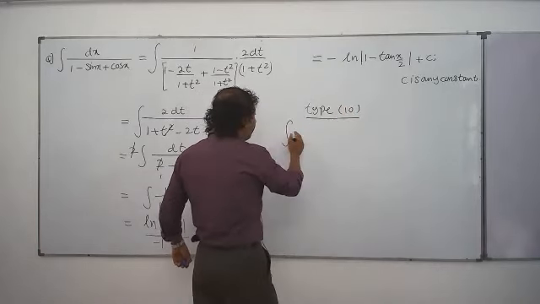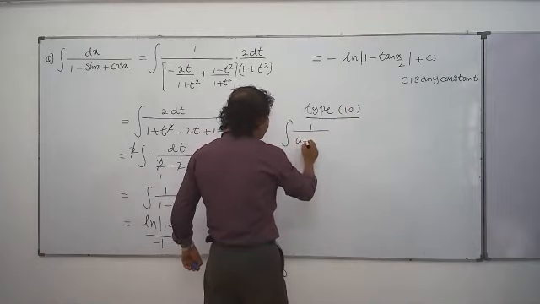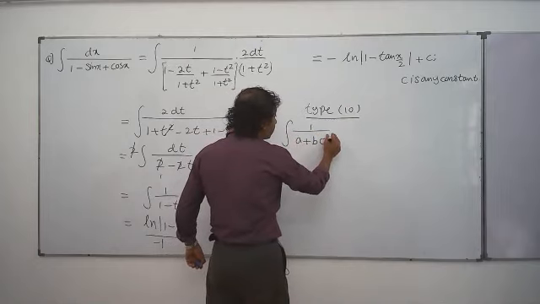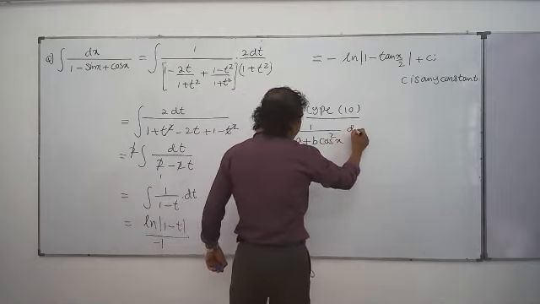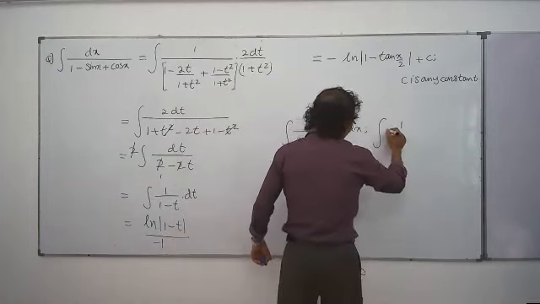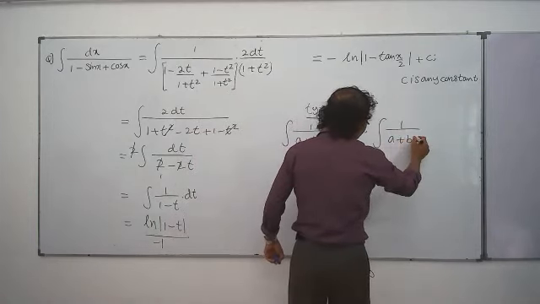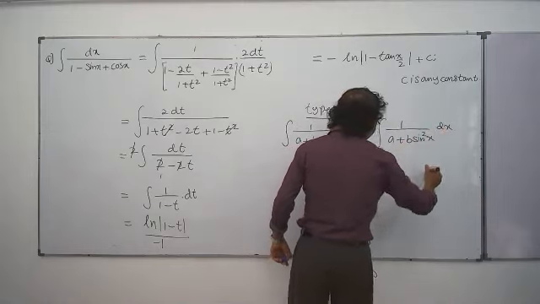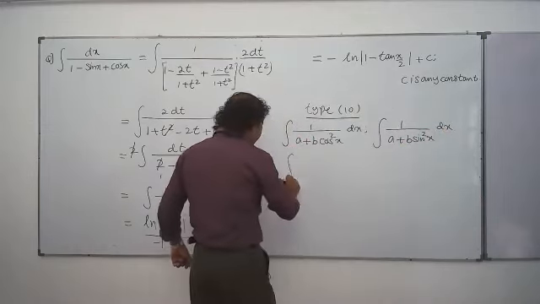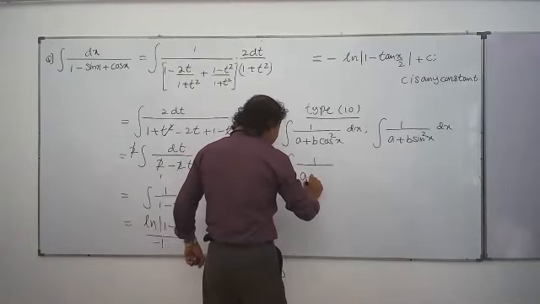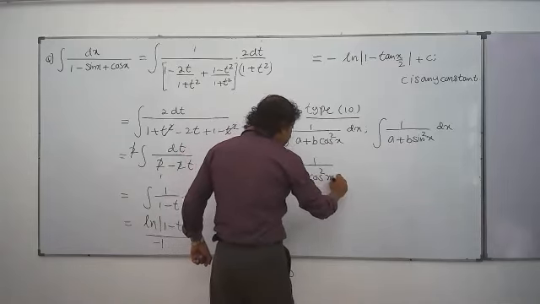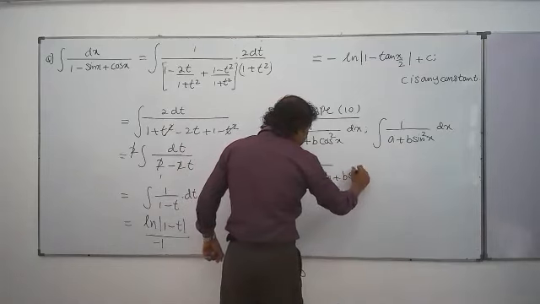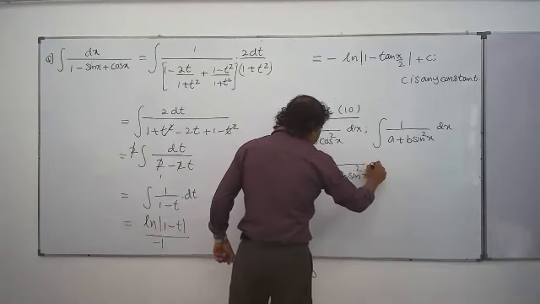Right. 1 upon a plus b cos squared x dx. Or 1 upon a plus b sin squared x dx. Or this way, 1 upon a cos squared x plus b sin squared x dx.